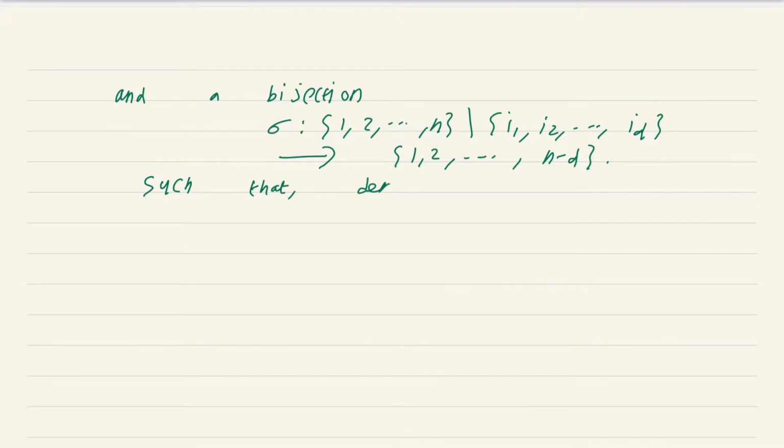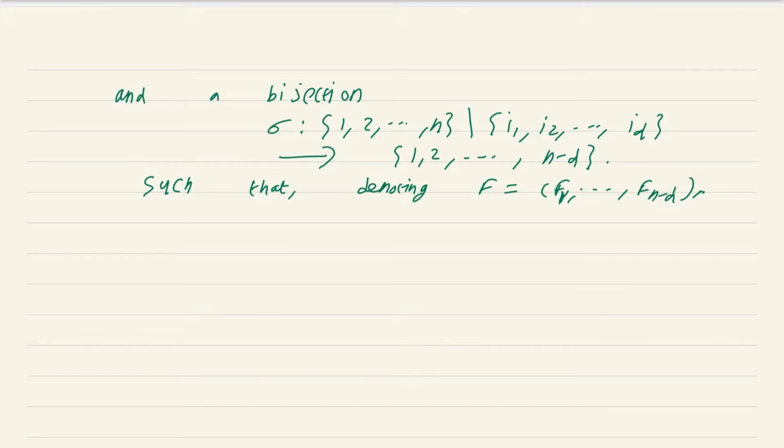such that, denoting f as f1 to f_(n-d). Remember, f was a map from an open set V in Rd to R^(n-d). So there will be n minus d coordinate functions.